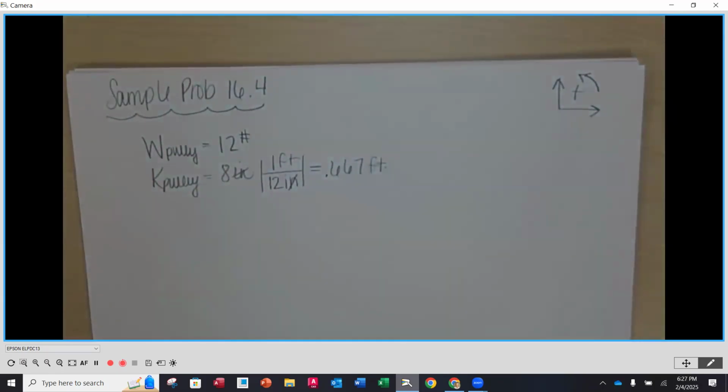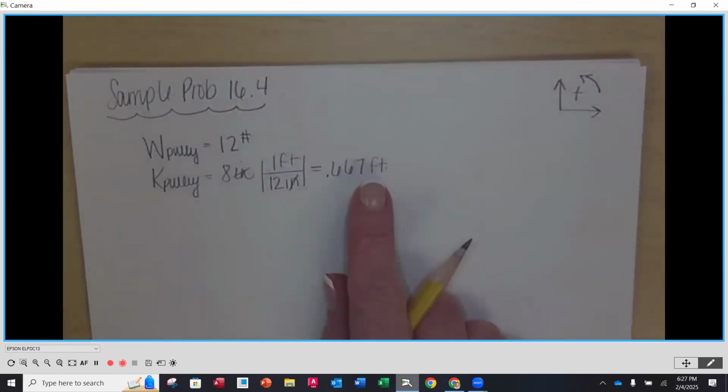Even though we won't be putting feet in our equation, just make sure that we have pounds and feet and seconds for our units. So anywhere there's a distance, if it's in inches, we have to convert it over.